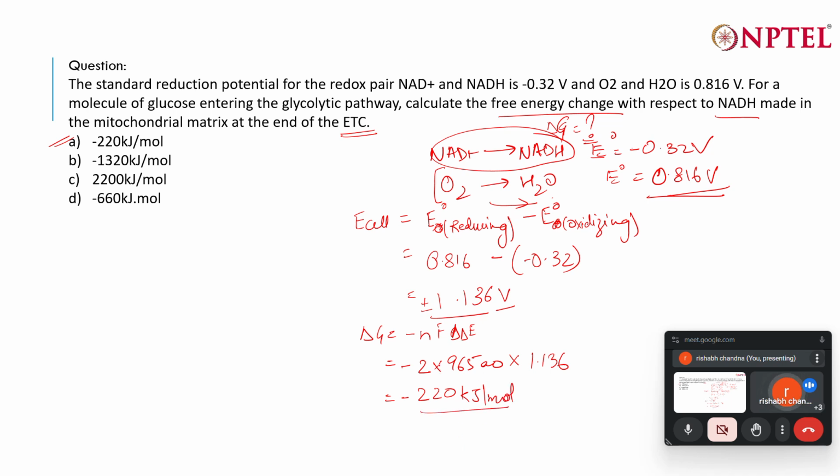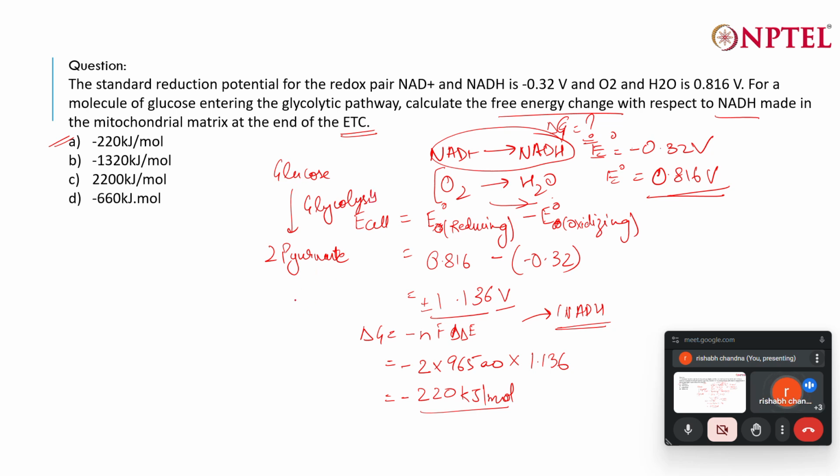Now, this is only for one NADH molecule. When one glucose molecule enters glycolysis, it forms two molecules of pyruvate. This is the glycolysis.